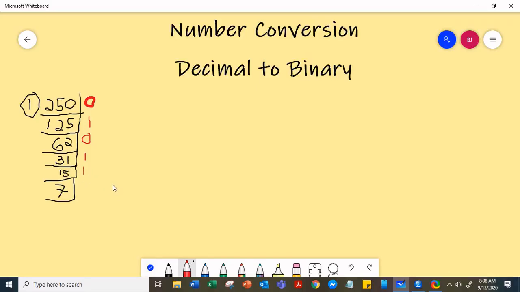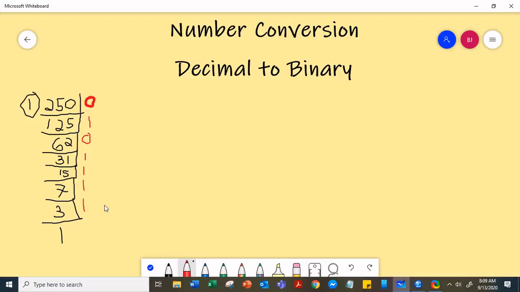So notice we put the remainder next to the number that we're trying to divide into 2. 7 divided by 2 would be 3, remainder 1. And then finally, when we divide 3 by 2, we get 1, remainder 1.